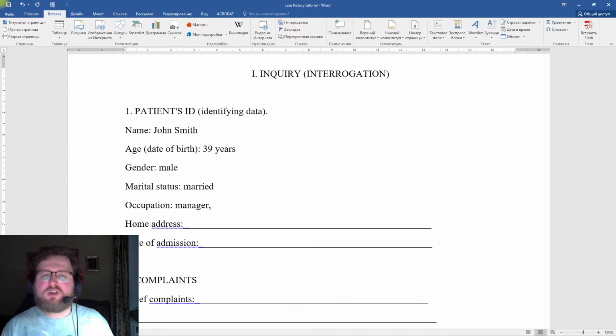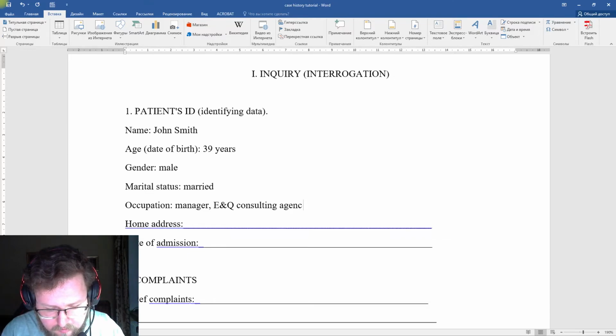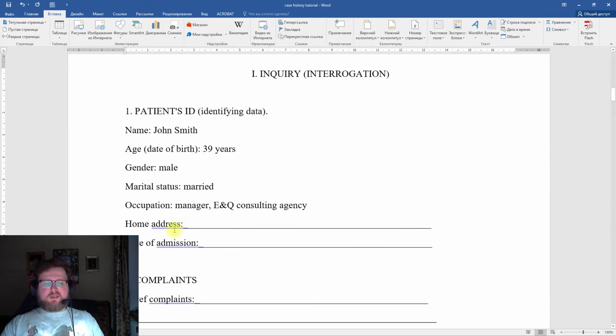He works as a manager at Ernst and Young Consulting Agency. Next, home address. This field may be of crucial importance if you are dealing with an infectious disease.